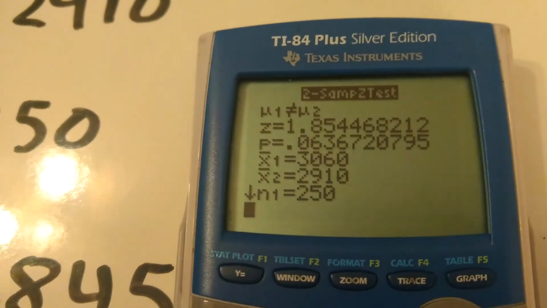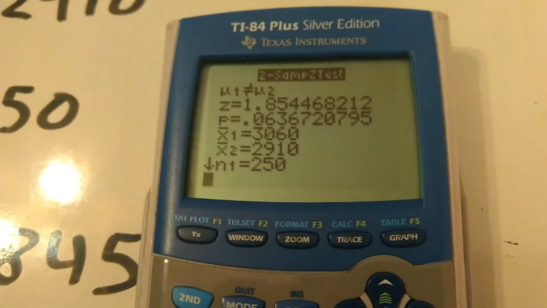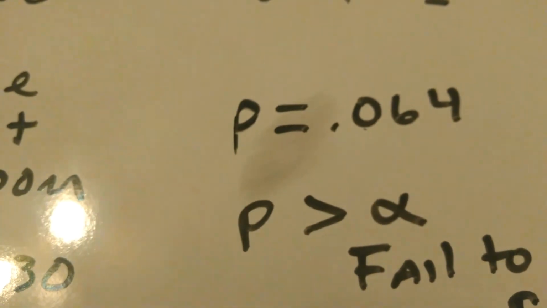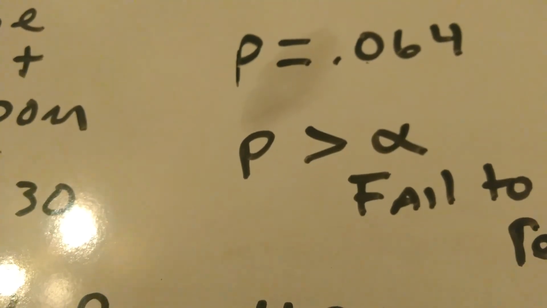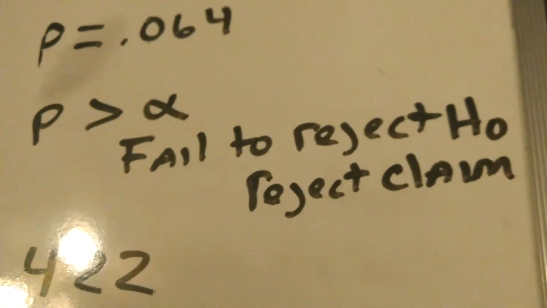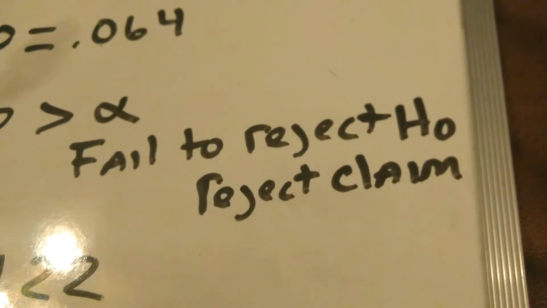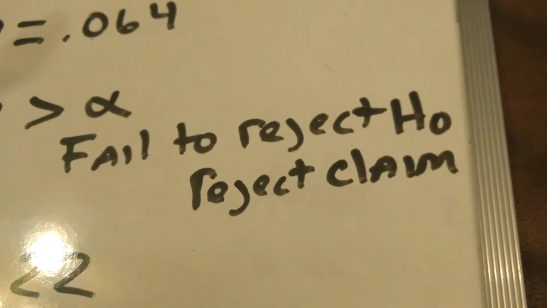I'm going to round off. And our z is right there, which is 1.85. So with our p-value of 0.064, p is greater than alpha, which tells us to fail to reject the null hypothesis, which means we reject the claim.